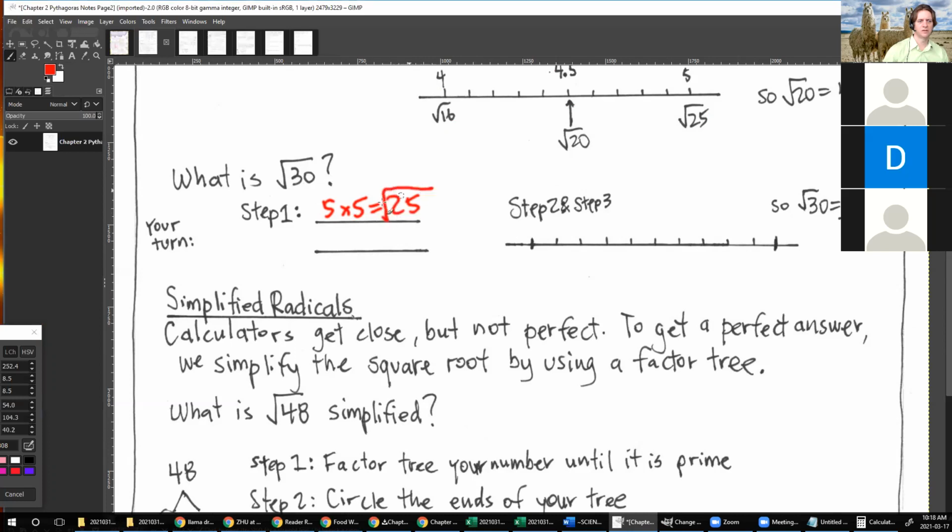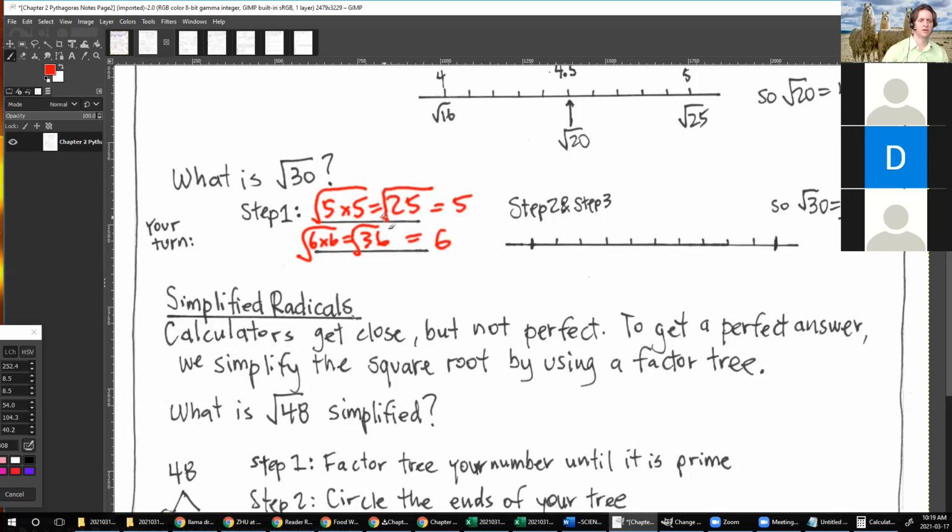So I can say the square root of 25 is equal to 5. And 6 times 6 is 36, which is above. So the square root of 36 is the square root of 6 times 6. I'm going to take one of those pairs when I pull it out, so this is 6.